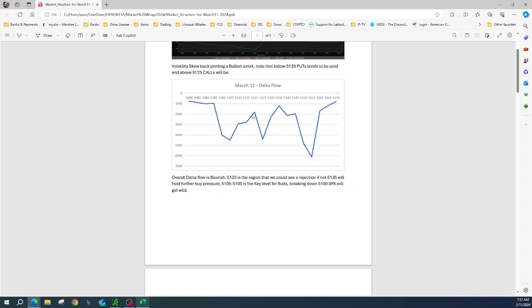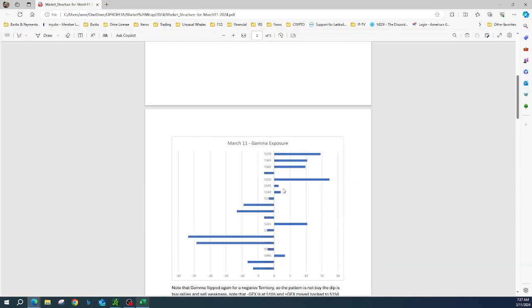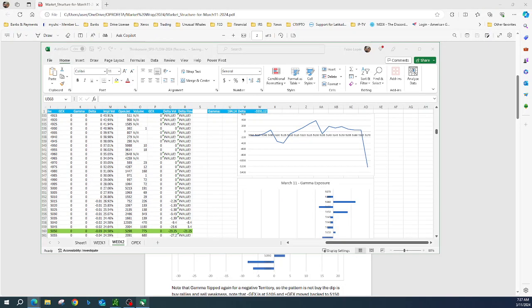The only difference is that we saw 5,125 as a resistance. Now, per volatility skew and according to the futures, the rejection area is supposed to be 5,120, right? 5,120. Maybe 5,110. 5,110 was the region that we were looking for as a maximum pain on Friday.